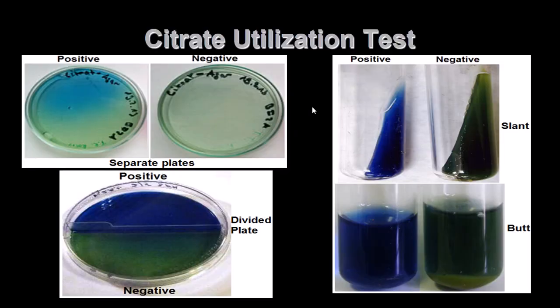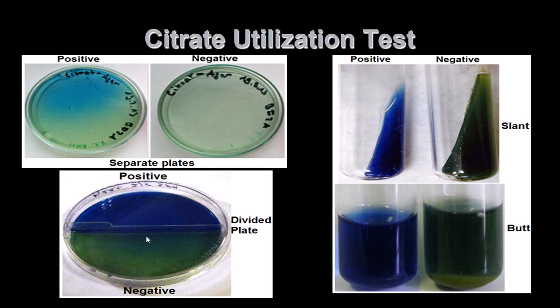So the other test that we use for the identification of members of the Enterobacteriaceae, and especially the lactose non-fermenters, is the nitrate utilization test, as well as the citrate utilization.